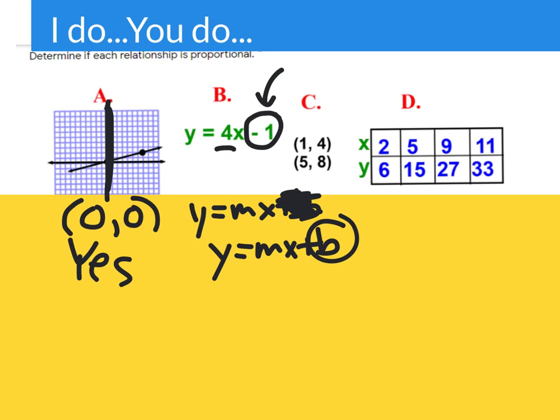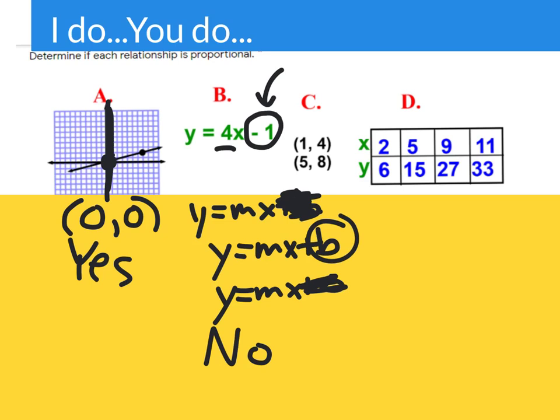So if we go back to my graph, it hits the y-axis at 0, so I could write that as y equals mx plus 0, but that 0 disappears, that's its identity, and it should be in the format y equals mx. So that one is not proportional because it doesn't hit at 0, 0, it hits at negative 1.